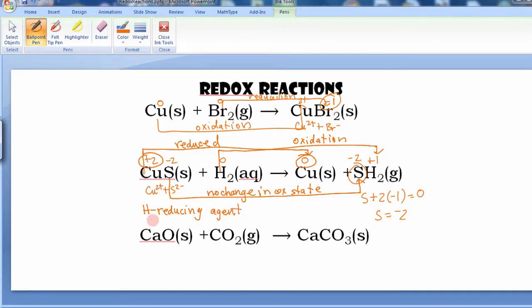Okay? Now, since copper is being reduced, it is the oxidizing agent. Okay? Now, let's look at the last example.